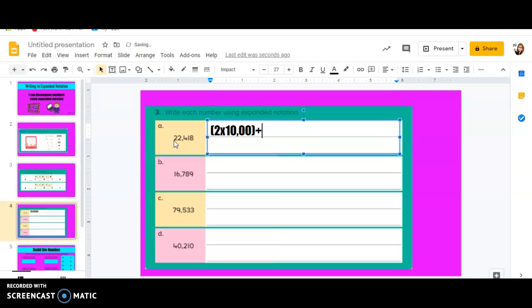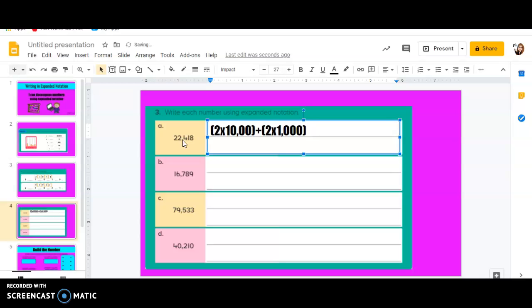Use a plus sign. Start a new parentheses. My next number is a 2 again. I use that X as my times. The place value after it is the thousands place, so I represent it with the number 1,000.